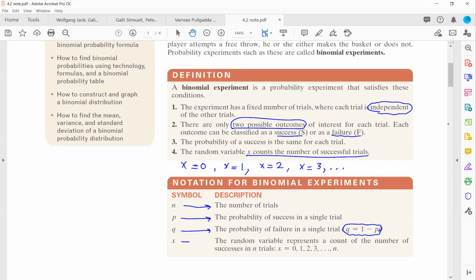And X is the random variable, which represents a count of the number of successes in n trials. So X can be either 0, no success, 1 success, or 2 successes, or 3 successes, and it stops at n. What is n? N is the number of trials.